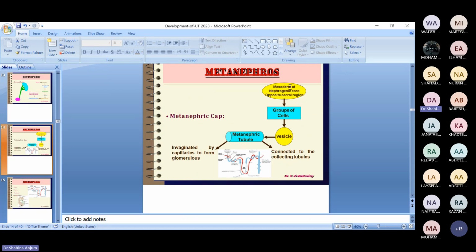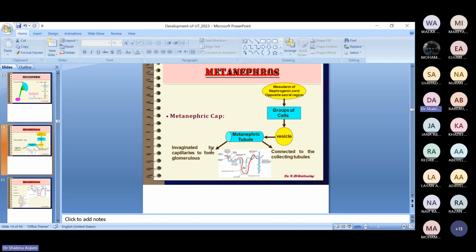So where will the metanephros appear? The metanephros will appear obviously in the lower region, in the sacral region. These are also a group of cells. The metanephric tubules will have a lateral end and a medial end.